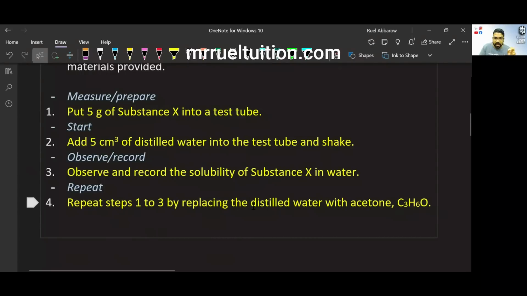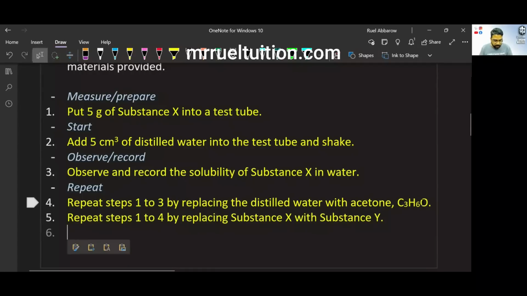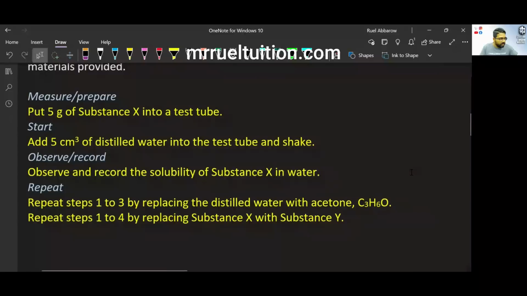We did once with distilled water, then repeated it with acetone, so we have only covered substance X so far. Therefore, we need to repeat the entire thing, steps 1 to 4, again, but this time we replace substance X with substance Y. Now it is complete. Done.